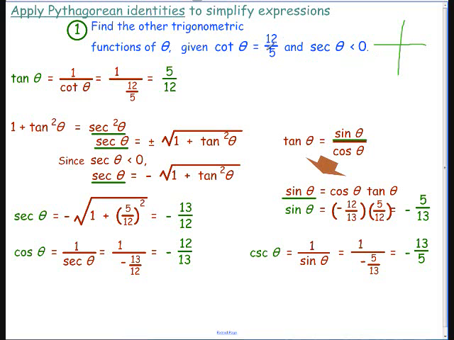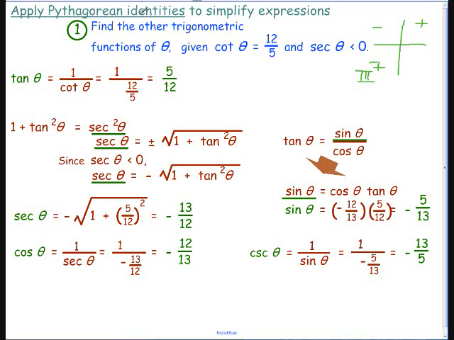If cotangent is positive, we could be here or here, correct? We're told that secant is negative. Secant is a reciprocal of cosine. Cosine is positive here and here. It's negative here and here. So we are in quadrant 3, right?